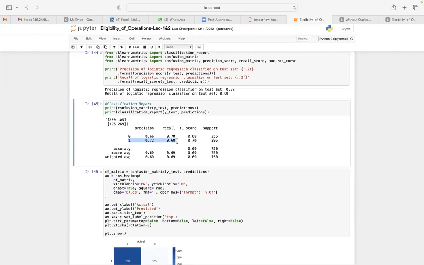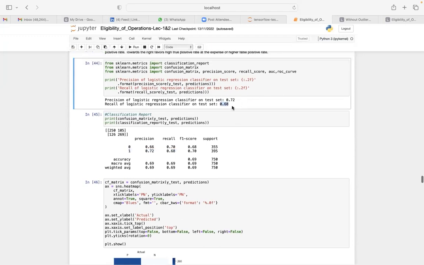Okay. Even if the zero values are low in case of a recall, then also it's well and good, it's fine, and you can see it is resonating with the one. So if you just check the overall recall score, you can see that recall of logistic regression classifier on test set is 0.68. It will say the same thing over here.